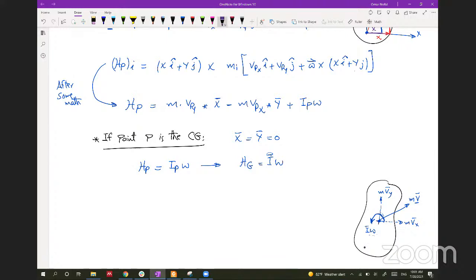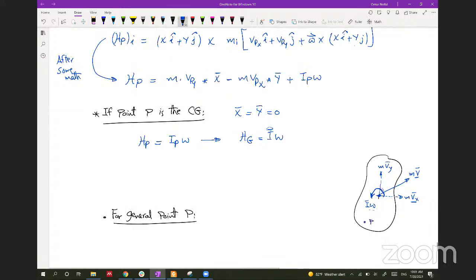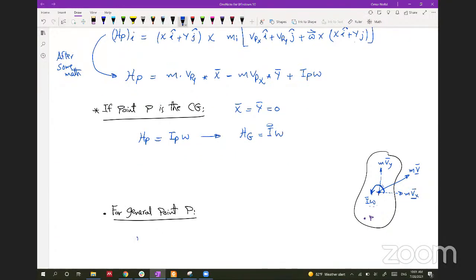So let's say that this is point P. We need to translate all of these components, m v bar x, m v bar y, and I bar omega, and take the moments of all of these about point P. So for a general point P, if you want to get the angular momentum about P, you will have to take the moment of the linear momentum about point P.